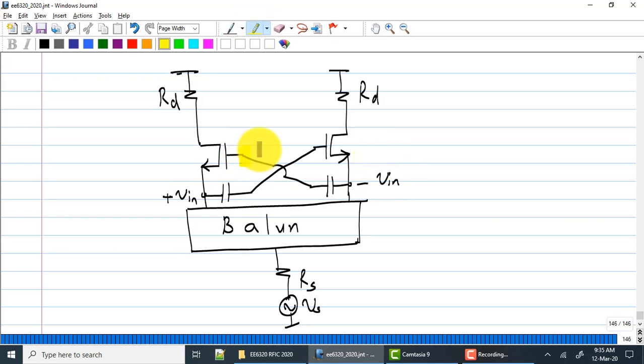What will happen? Each side's noise figure will go down by a factor of half. The voltage at this node is minus V in plus V in. So the overall noise figure of each side will go down, that gamma will become gamma by 2, right? The noise from transistors M1 and M2 will go down by half.